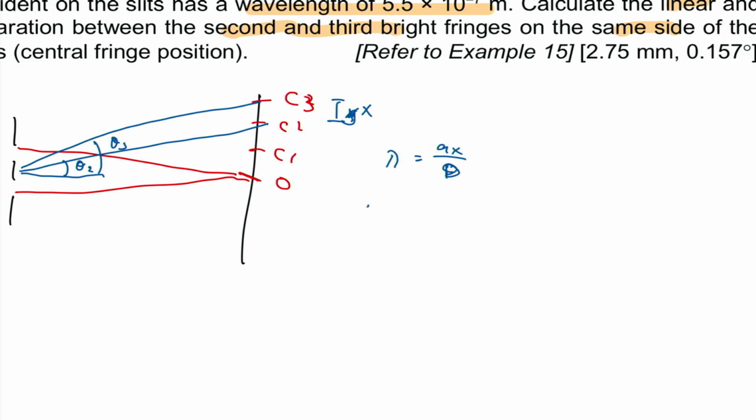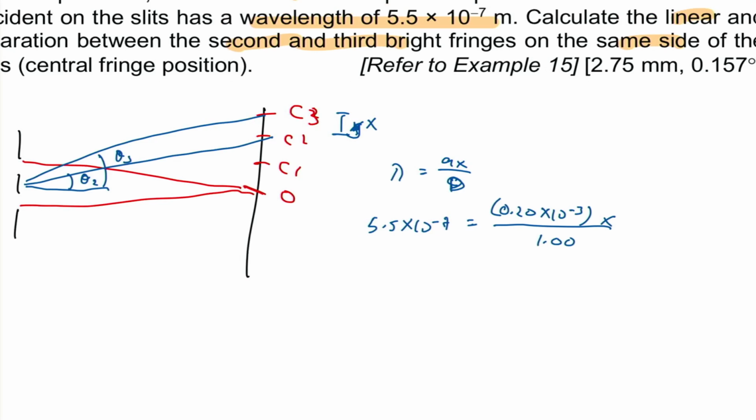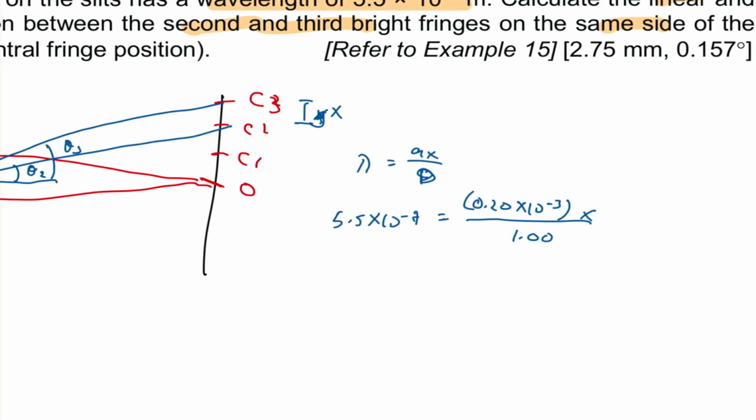So this will be 5.5 times 10 negative 7 equals a, which is 0.20 millimeters, so times 10 negative 3, times x, divided by the distance of 1.00. Let me check the small details. Yes, 1.00.